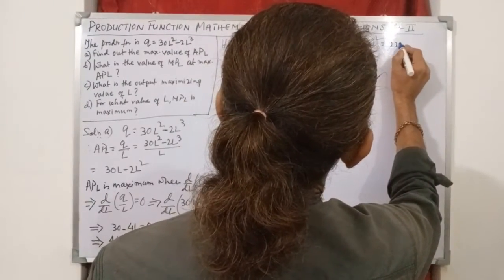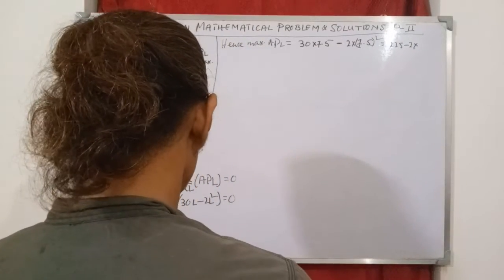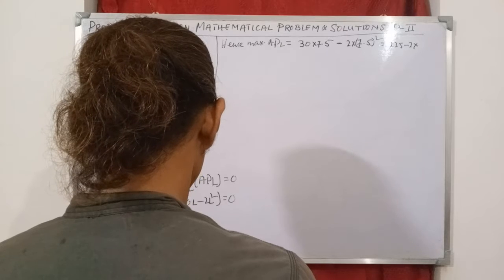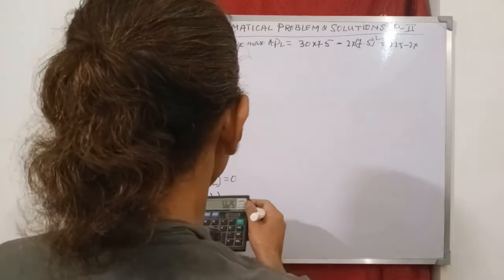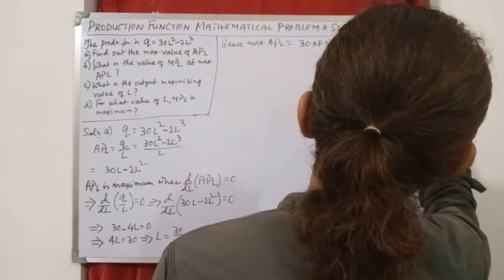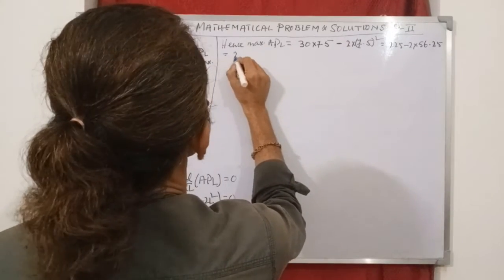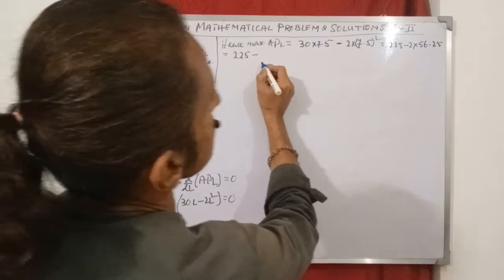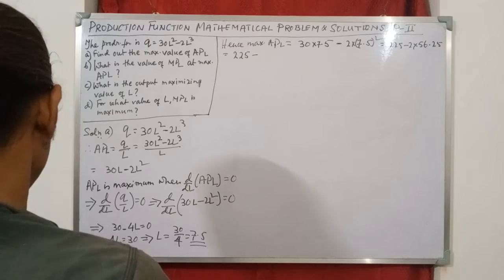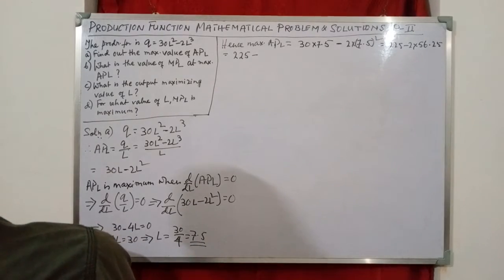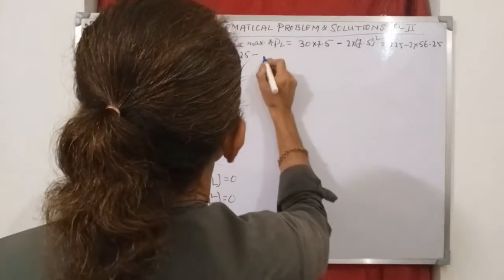Equals 225 minus 2 into 7.5 square. 7.5 square is 56.25, so 225 minus 2 into 56.25, that is 112.5.